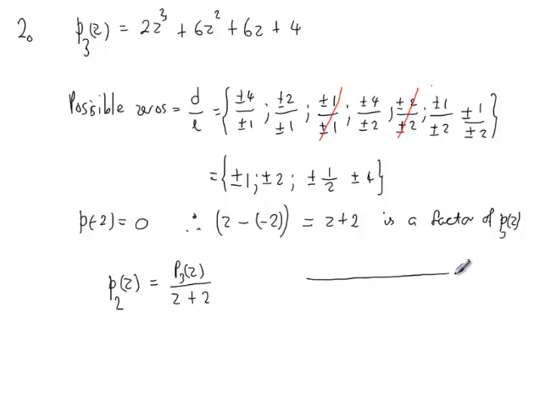Now, I hope everybody knows what it is. If you've forgotten this, I think you better remind yourself of long division of polynomials. 2Z cubed plus 6Z squared plus 6Z plus 4.